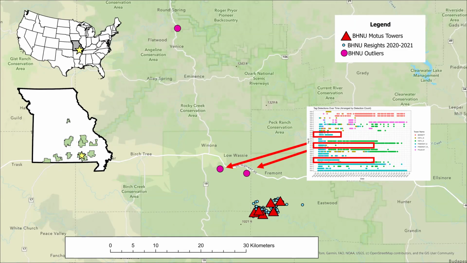We detected these using a helicopter telemetry survey. We had a 5-element antenna attached to a helicopter that we flew over the area to find these birds. As a result, we were putting a Motus tower up near this area for this year's tracking. And this is 9 miles or 14 kilometers.